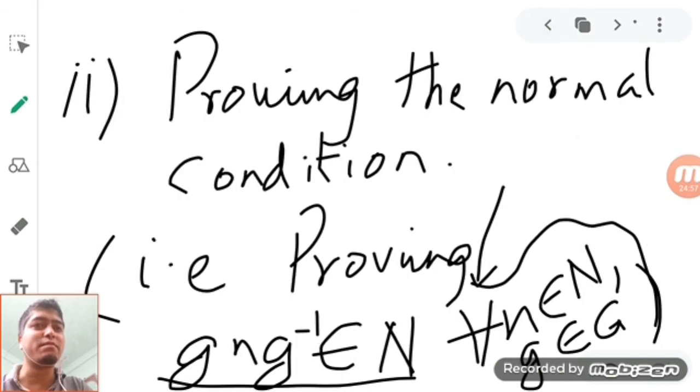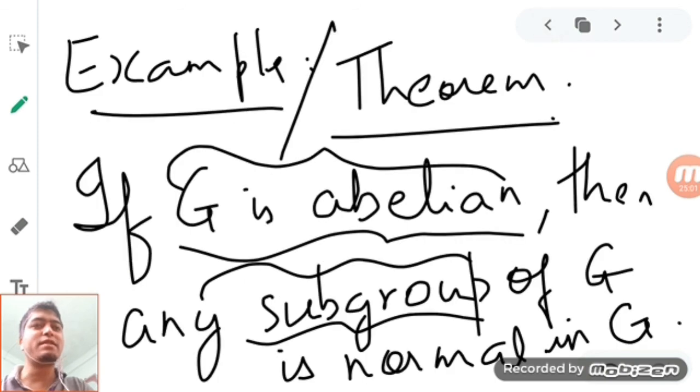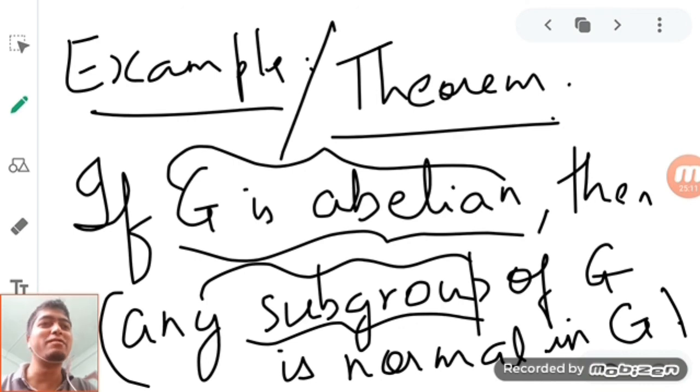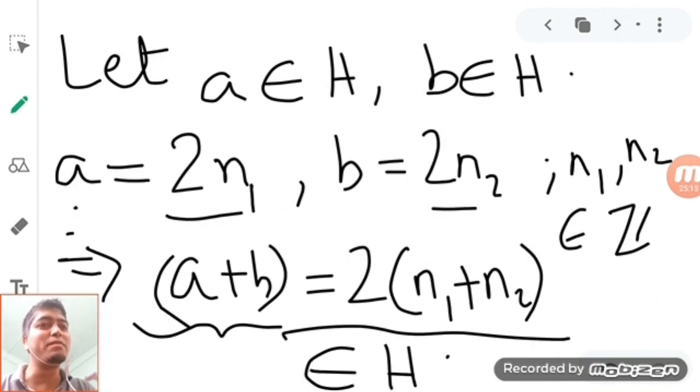Just let me see the theorem again. The theorem says that if G is abelian, then any subgroup of G is normal in G. Any subgroup of an abelian group will be normal.